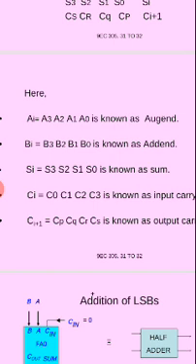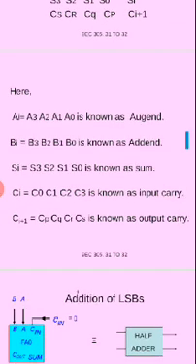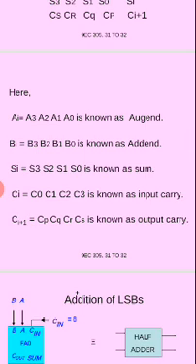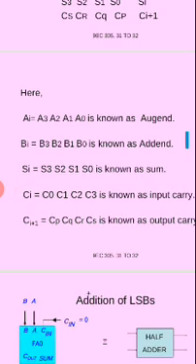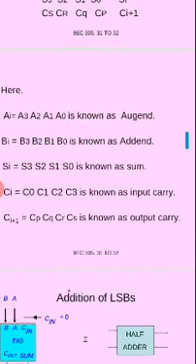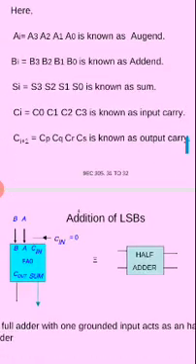Si equal to S3, S2, S1, S0 is known as sum. C0, C1, C2, C3 is known as input carry. Ci plus 1 equal to Cp, Cq, Cr, Cs is known as output carry.